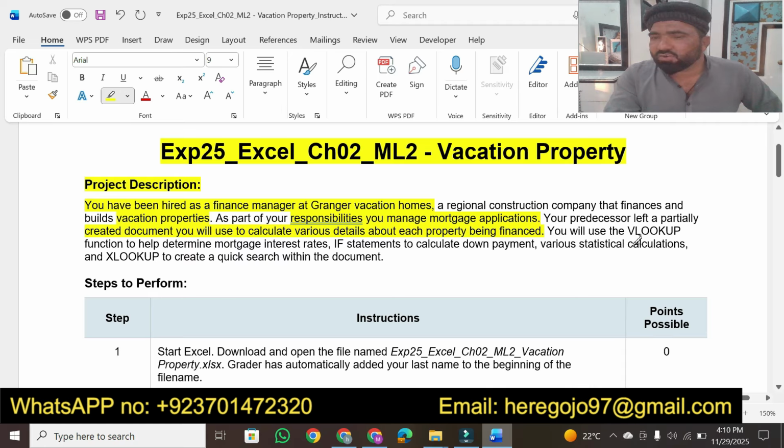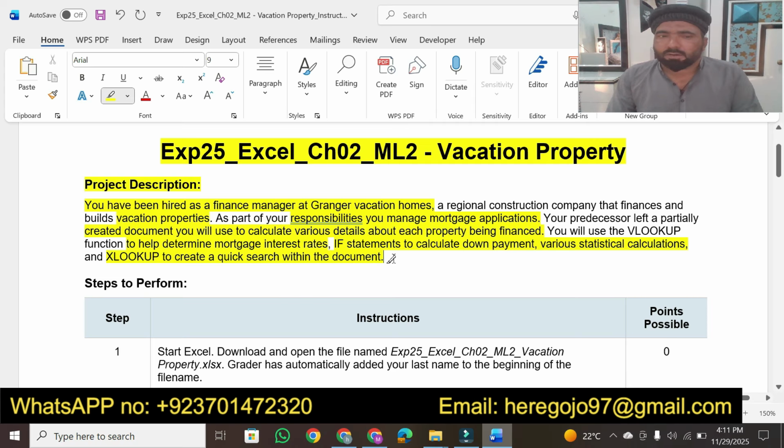You will use a VLOOKUP function to help determine the mortgage interest rate, IF statements to calculate the down payment, various statistical calculations, and XLOOKUP to create a quick search within a document.